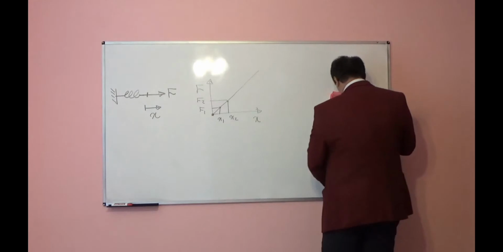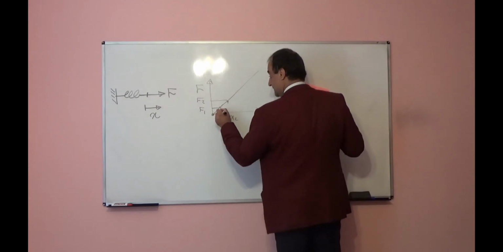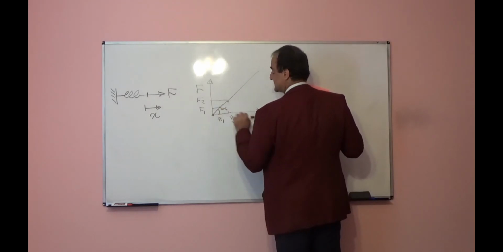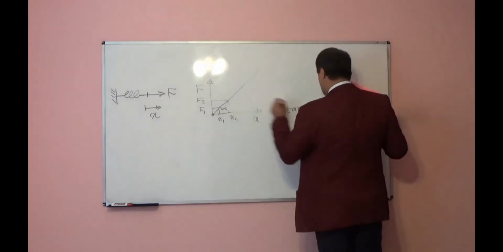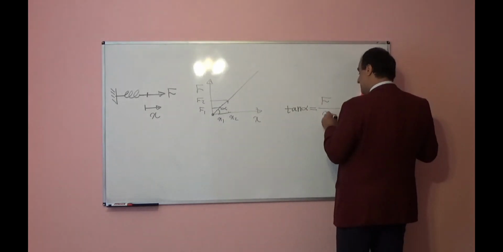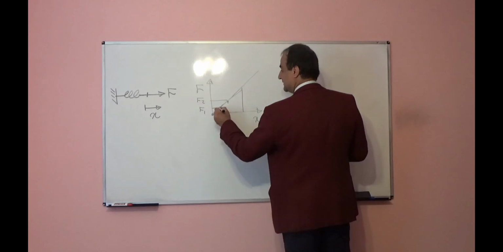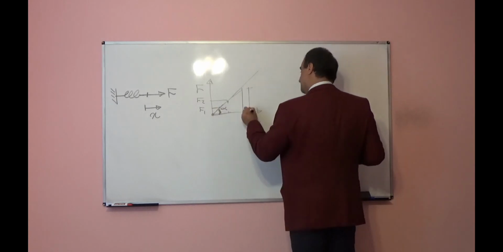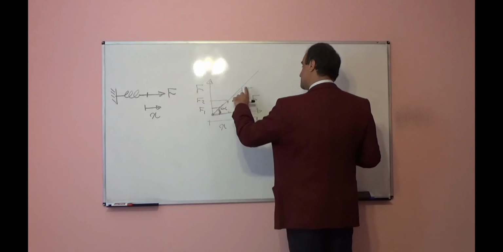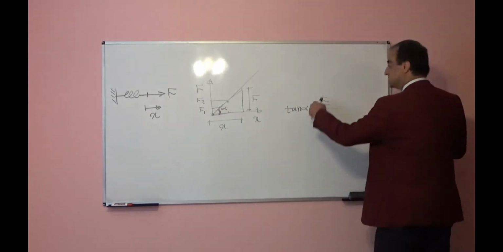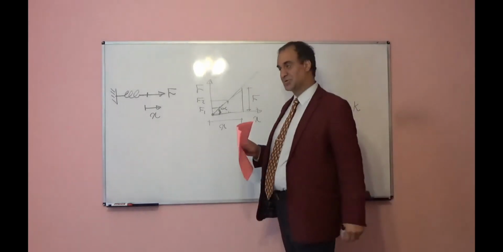So the slope of this line, if this angle is alpha, the slope means tangent alpha, which is equal to force divided by displacement, because if we look at this triangle, the tangent of this angle is equal to force F divided by X. This tangent alpha we usually show with K, and we call it the stiffness of a spring.